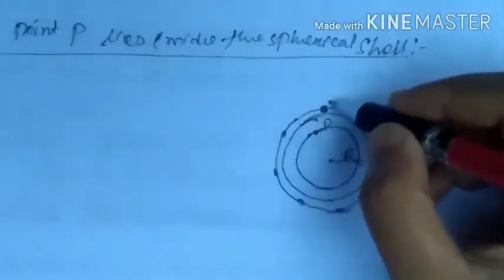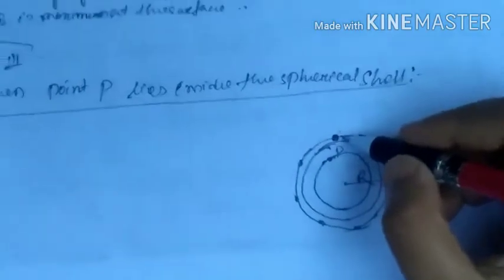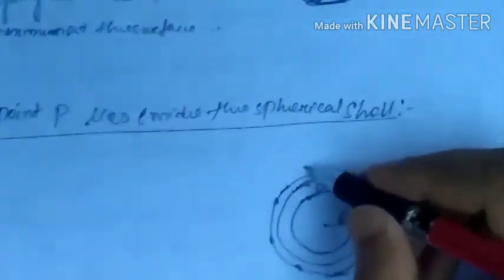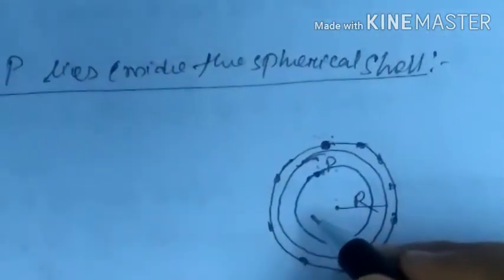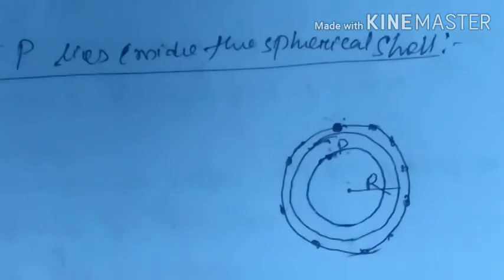So these charges, what you are observing, all these charges are outside it. So the net charge inside the Gaussian surface is equal to how much? 0. So what we can write?